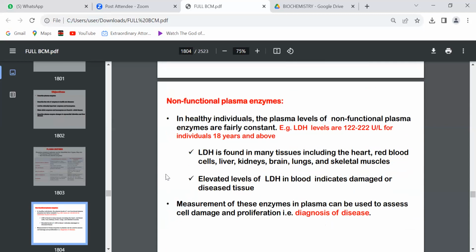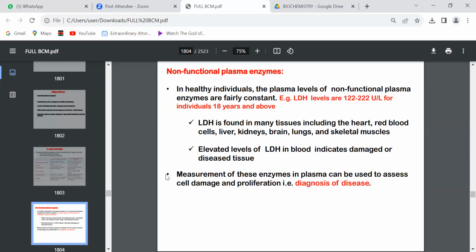If the levels are above that, you will be able to see what the issue is. We have LDH in the liver, kidney, skeletal muscles, or maybe the placenta. So you can see maybe there's a problem in one of those organs, or maybe the clearance of that enzyme has been affected.